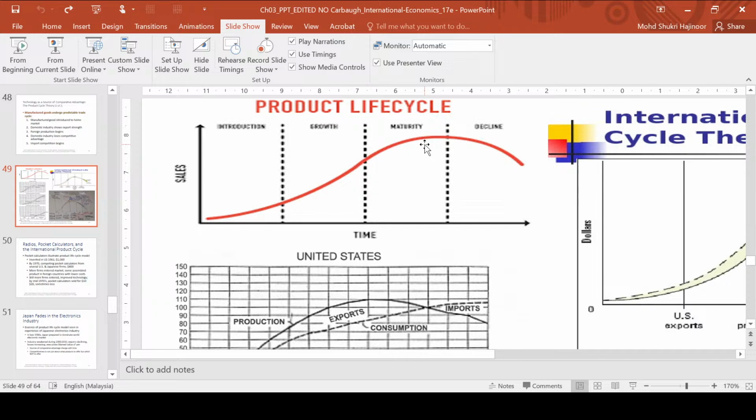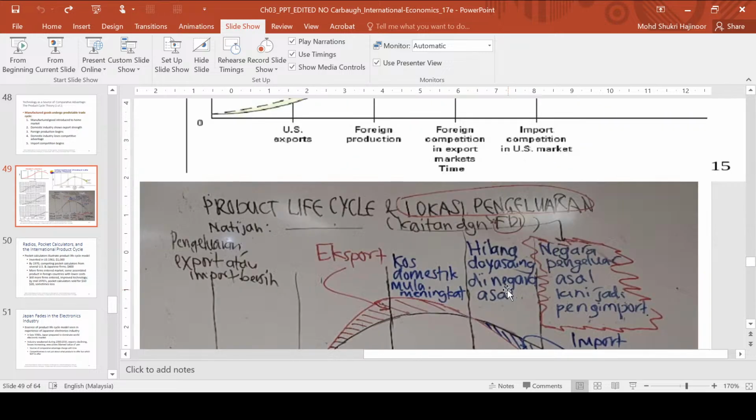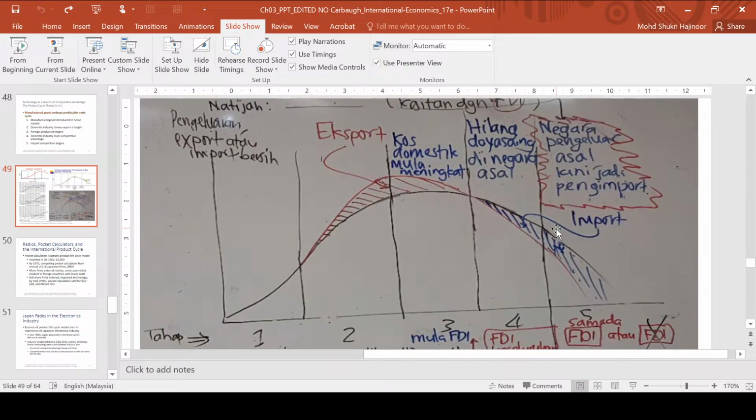This is my own drawing, because not only does the product life cycle talk about the 4 stages, 4 or 5, doesn't matter, but it also explains the location of production and FDI, foreign direct investment. It's my graph. Not only that, FDI, export and import.